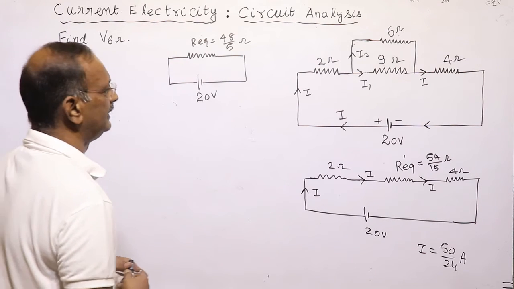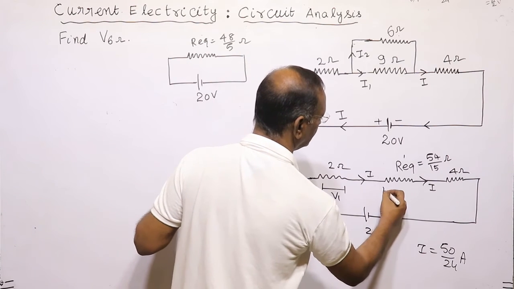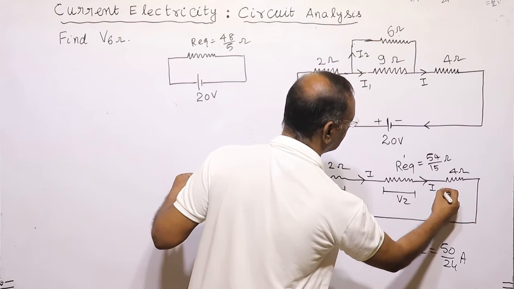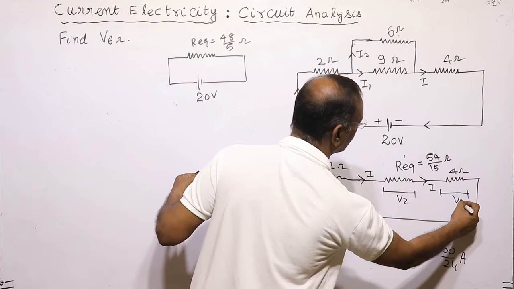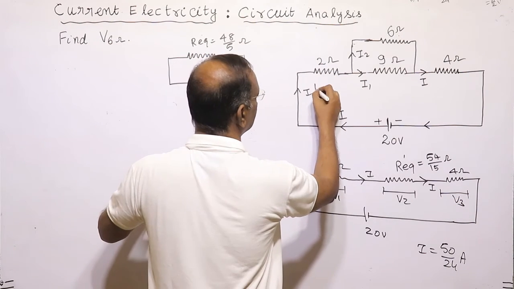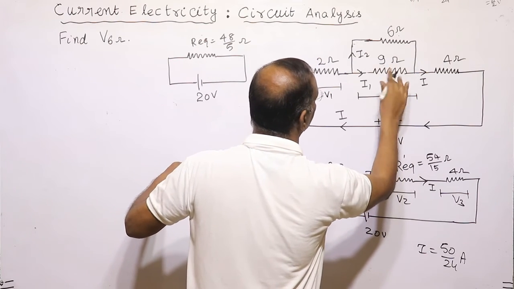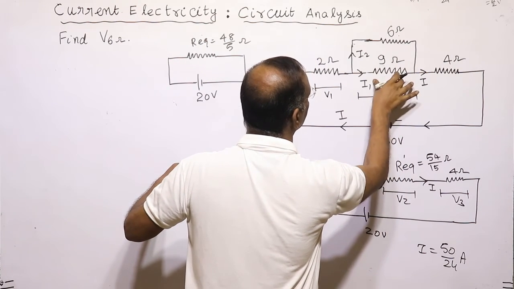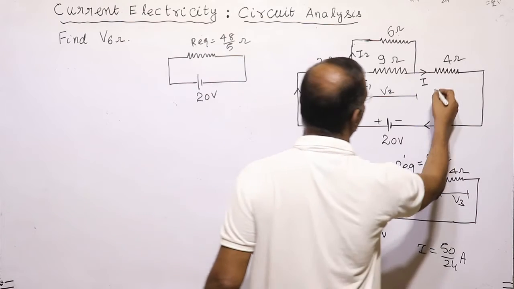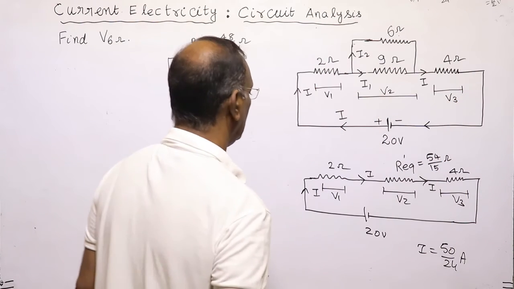Now see here, this is V1, this is V2. In series circuit, the voltage is divided. Now here is V1, and since this is parallel, here also V2, here also V2, and here is V3.